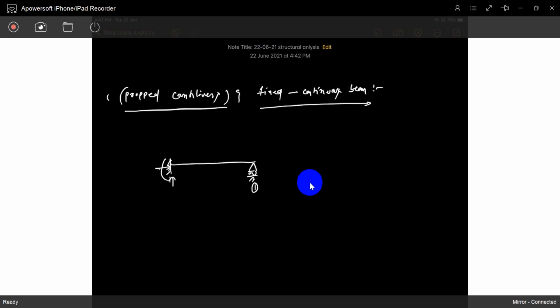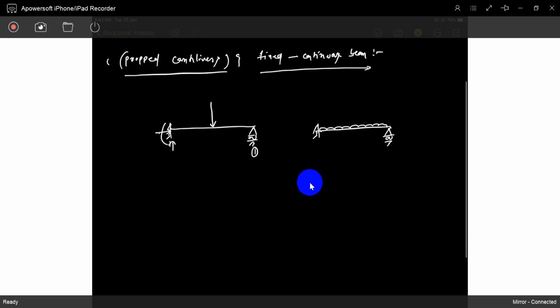So that is the first, the propped cantilever. I will solve it for some force, and second we will solve it with the uniformly distributed load. Next we will solve a uniformly varying load, also propped, and we will solve an overhanging beam.